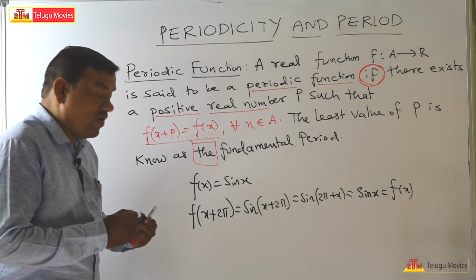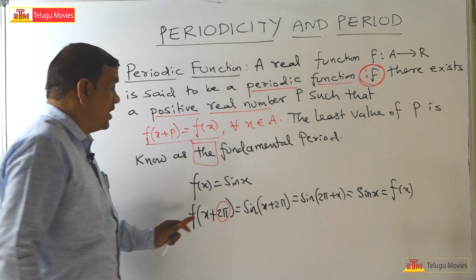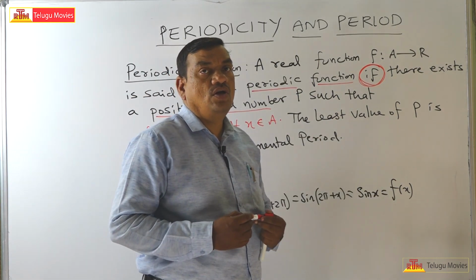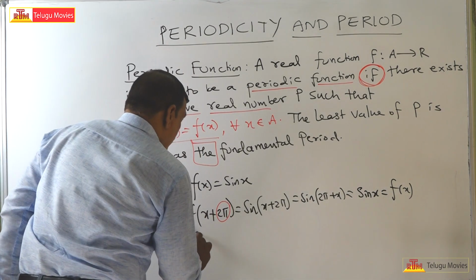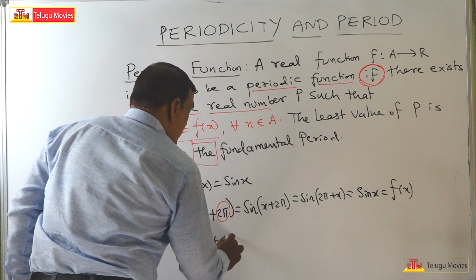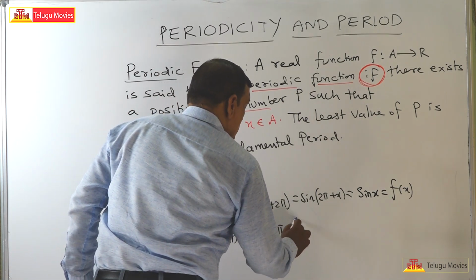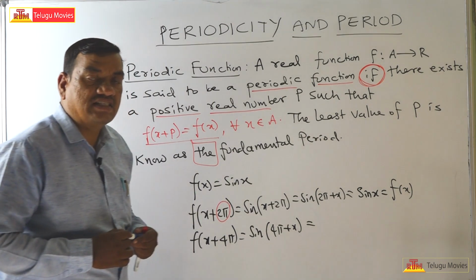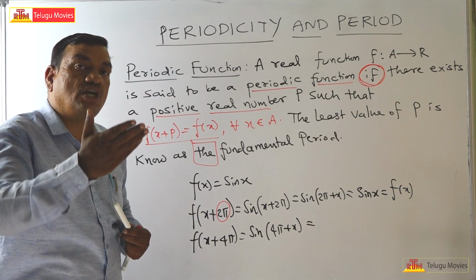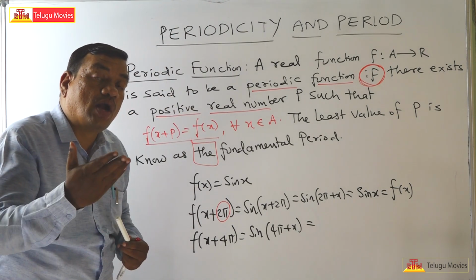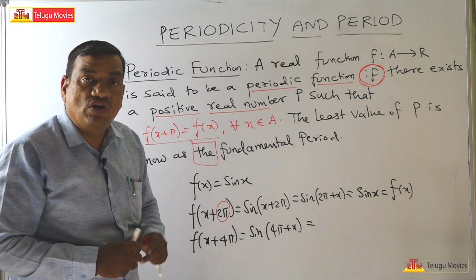That means whatever value you substituted here, 2 pi, again you are getting f of x. You may ask one doubt, sir: if I substitute 4 pi, that is sin of 4 pi plus x, that is also in the first quadrant. 2 pi means one complete rotation, 4 pi means 2 complete rotations, plus x means again it will go to the first quadrant.